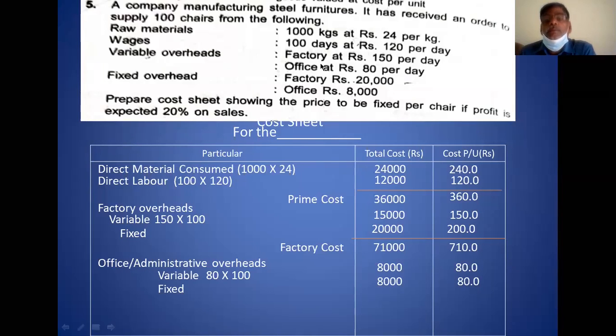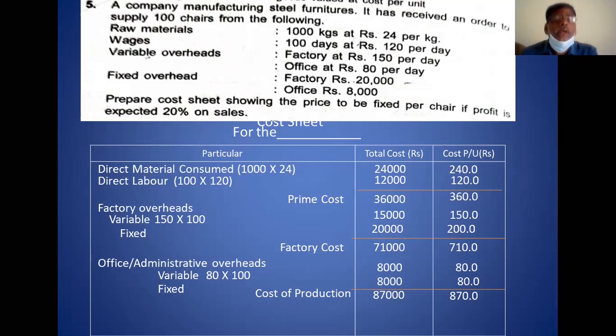You have to calculate based on per unit, and adjustments are to be made to the fixed cost to the total value. Okay, and take the total. This total is called cost of production. Cost of production is total 87,000. Per chair is 870.